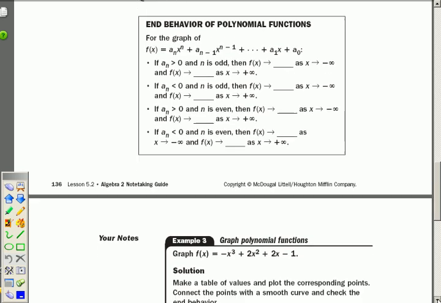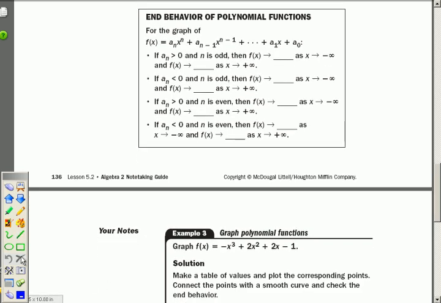End behavior of a function. This becomes sort of important when you're graphing things. You've got to know what the end behavior is. If the function looks like this, if a sub n is greater than 0 and n is an odd number, so you have an odd degree and the leading coefficient is not negative, then f of x will head towards negative infinity as x heads towards negative infinity.